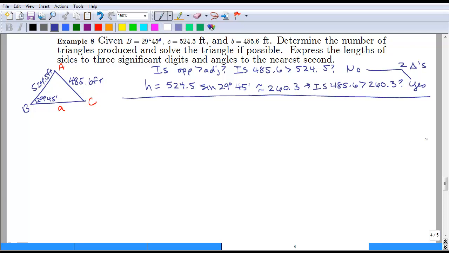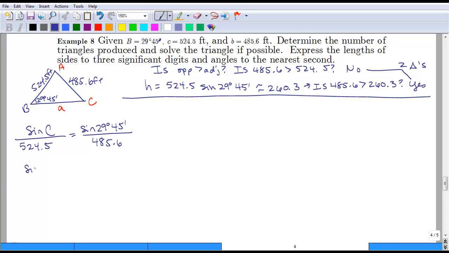So I'm going to start off over here on the left, and I'm going to go through the same process that we've done before with the law of sines. First angle we need to find is C, so we're going to take the sine of C, and that is going to be over 524.5. Compare this to the given information. We've got the sine of 29 degrees, 45 minutes, over 485.6.